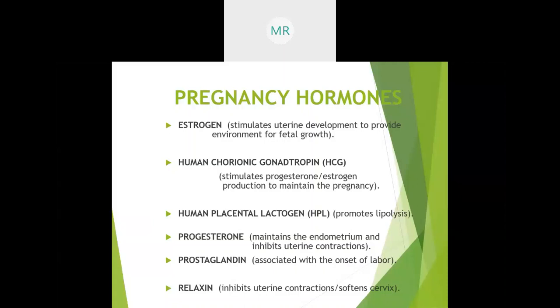Every woman's level for HCG is different. For example, women usually go as early as 5 to 6 weeks to the OB, to the healthcare provider, so that they can start getting their prenatal visits and all of their labs done, so we can have a baseline.